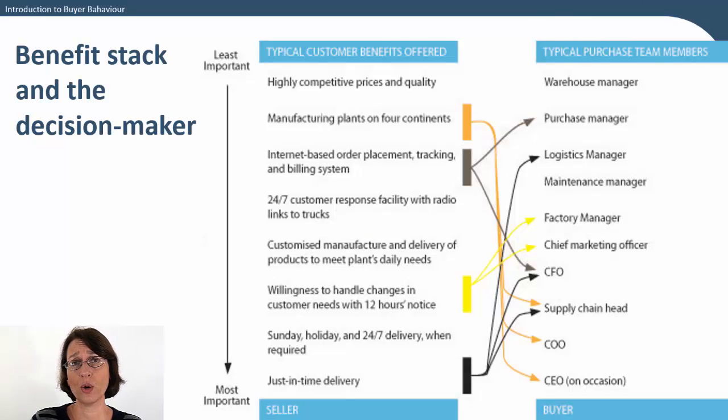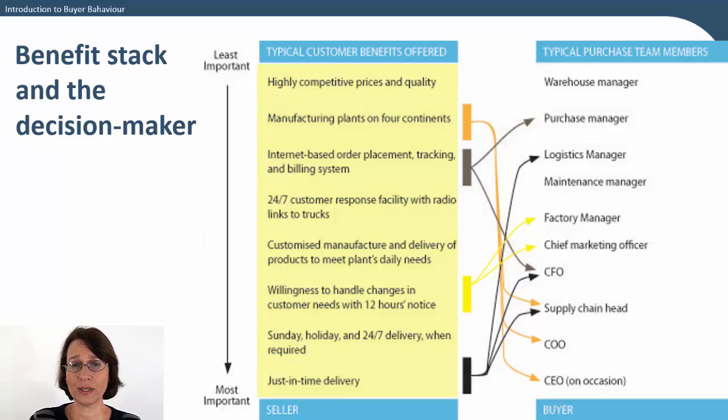Another important thing with the buying process, and this is to do with the messages that you give as a marketer, you need to be aware of who you are talking to in the buying process. And if you look on the right hand side, we have the typical purchasing members, such as a warehouse manager, purchasing manager, logistics manager, chief marketing officer. And on the left hand side, we have all the typical benefits that we could talk to the decision-making unit about.